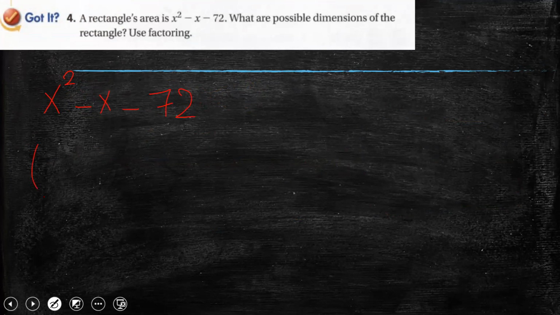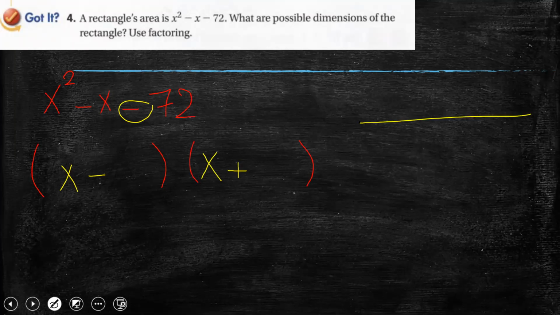So here now I have two factors. Since the sign of C is negative, what does it mean? We have different signs: one is negative and the second one is positive.